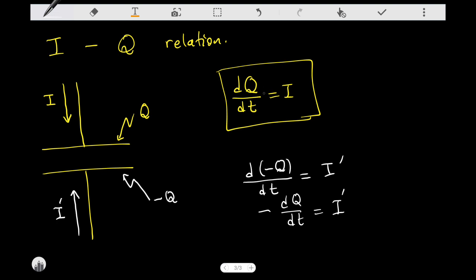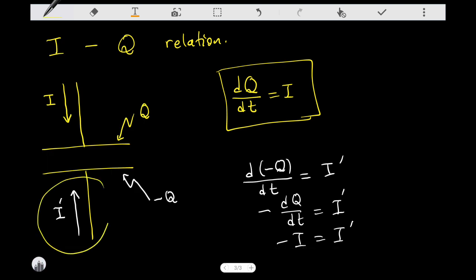But I have said that the dQ over dt is the current on the other branch, so therefore this is minus I. Okay, so therefore the current that's flowing to the other plate should be related to the current that's flowing to the upper plate, and they have to be equal and opposite. But of course, the sign depends on how I choose my directions.